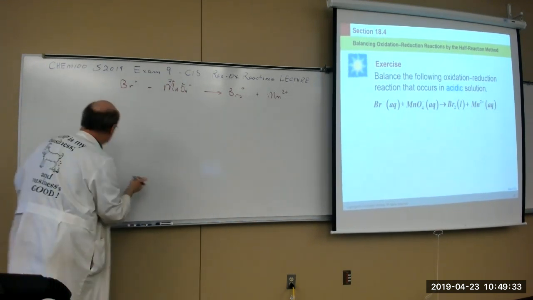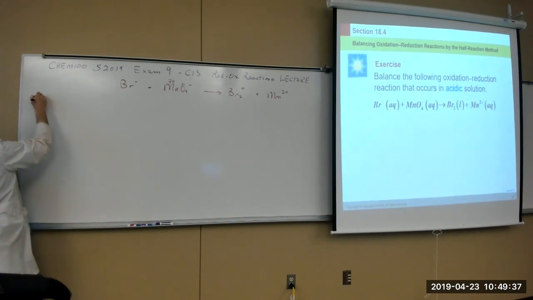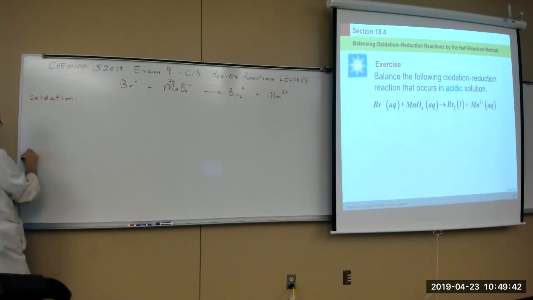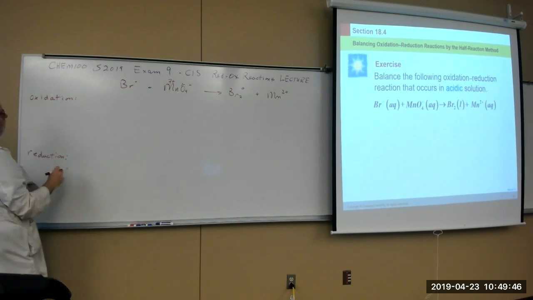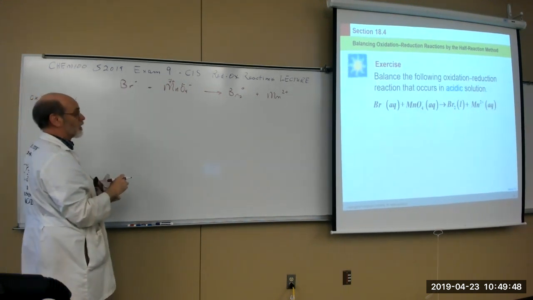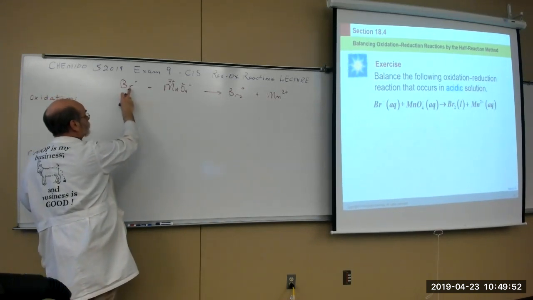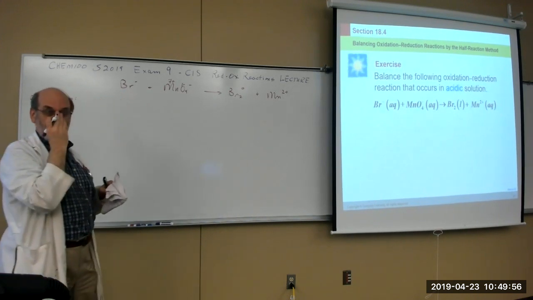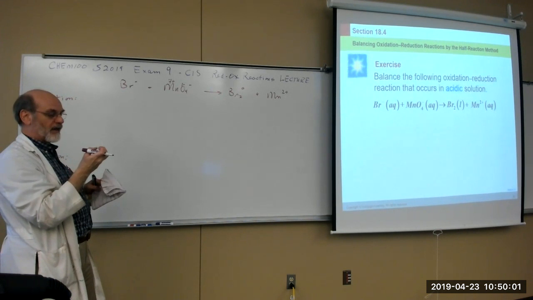So now we can write out our oxidation reduction equation. The oxidation equation is the one where we're going to lose electrons. So bromine went from 1 minus to 0. Each bromine had to lose 1 electron.